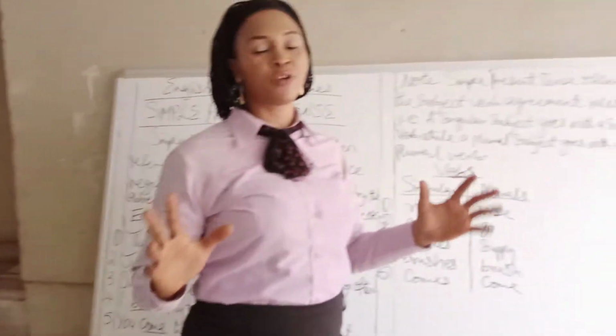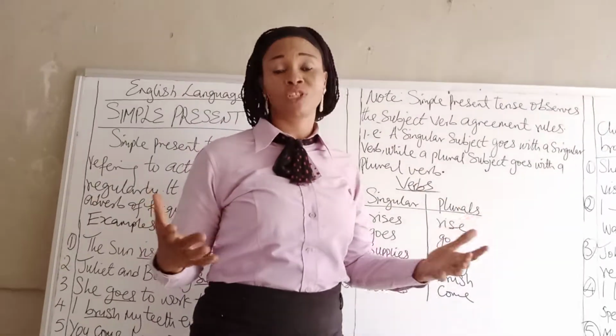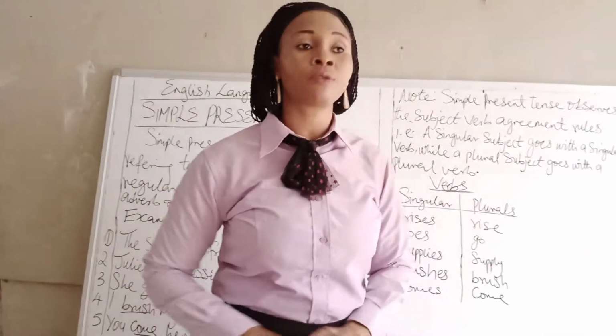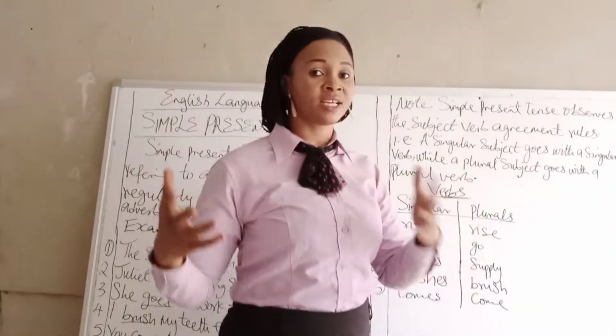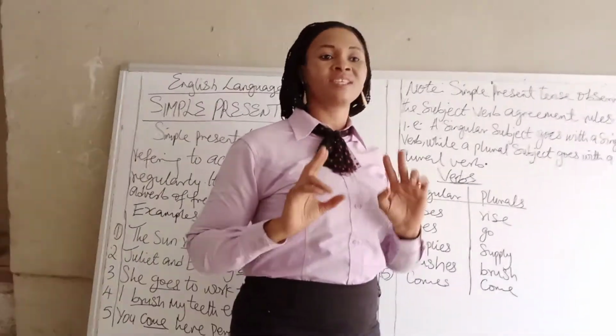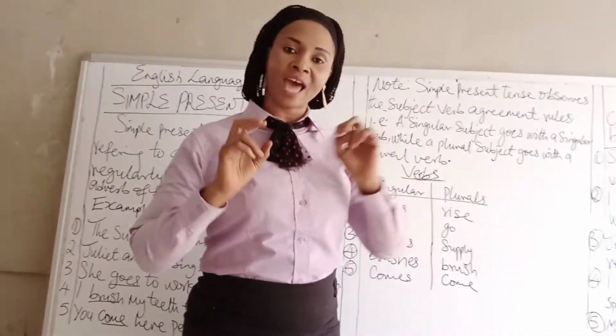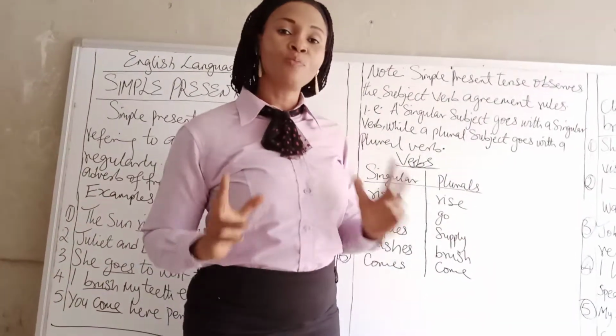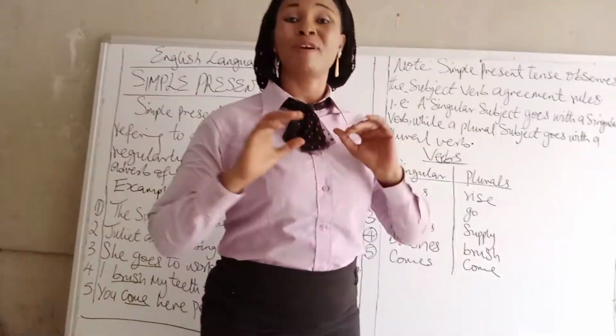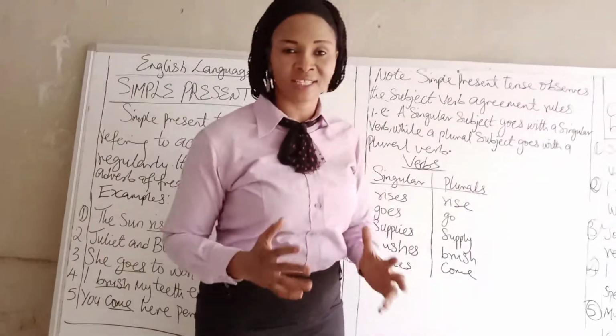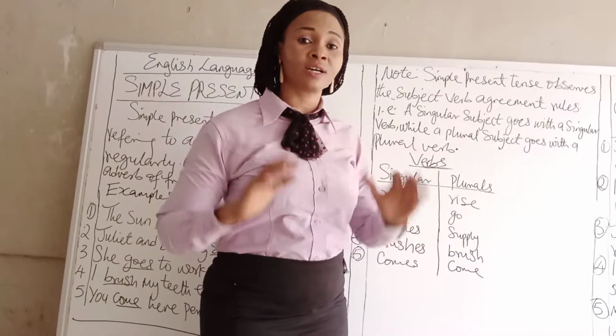Remember, in my previous lesson, I told you what a subject of a sentence is all about. Let me just say it one more time. A subject is the performer of an action in a sentence. It could be a person or thing that performs an action in a sentence. That is the subject of the sentence.